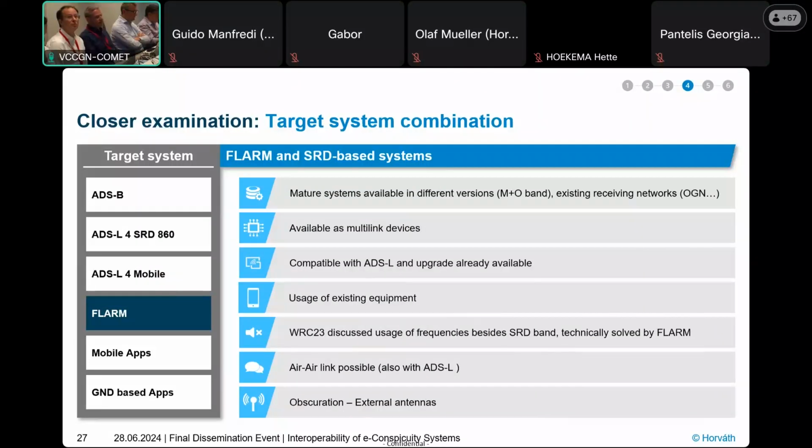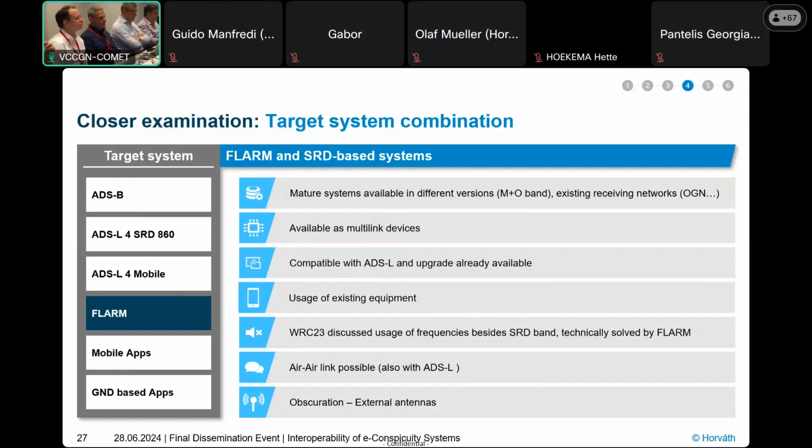So we come to the SRD and FLARM systems, especially FLARM here. They have been on the market for a very long time now, and they're pretty mature systems. And they are already available in combination with other transmission paths, for example 1090. And the first systems which will integrate ADS-L are coming up, already orderable from FLARM on their website.